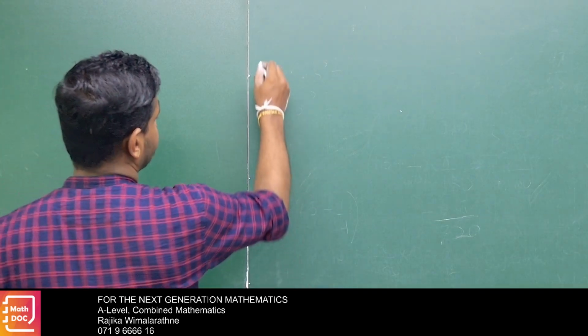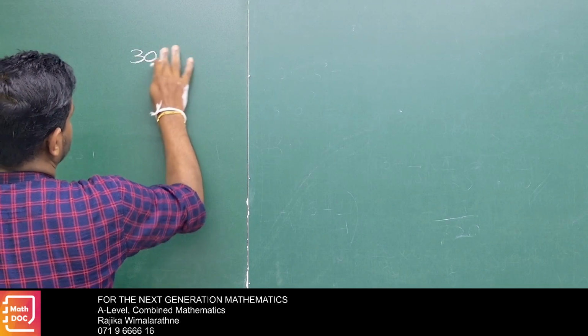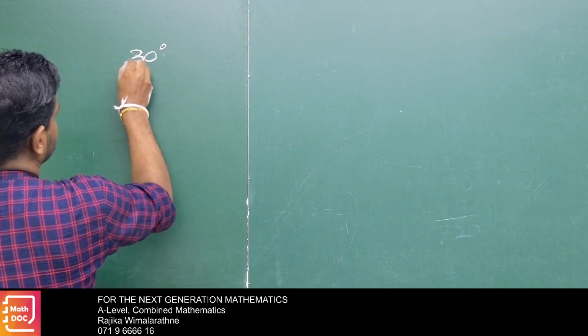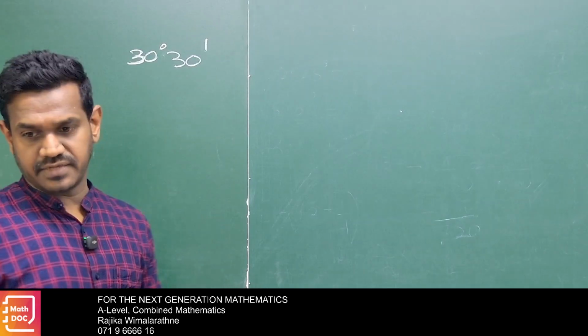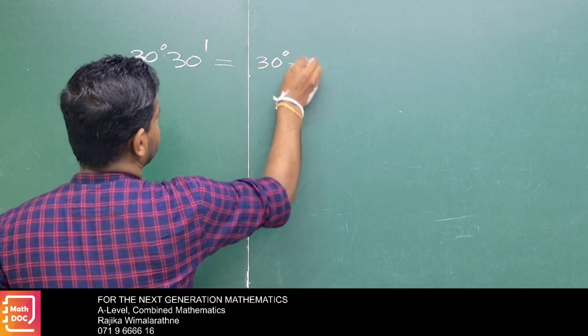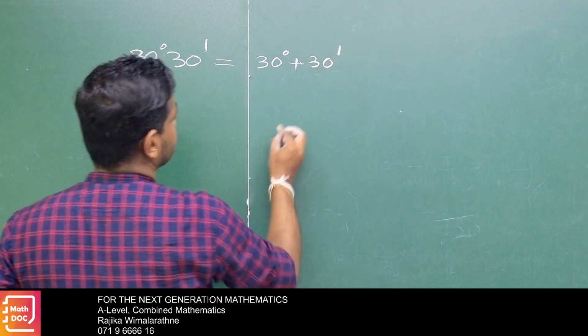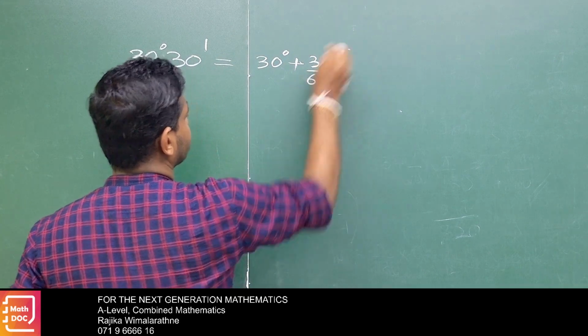See this 30 degree, 30 minutes. So here 30 degree, 30 minutes, you can write 30 divided by 60 in degrees.